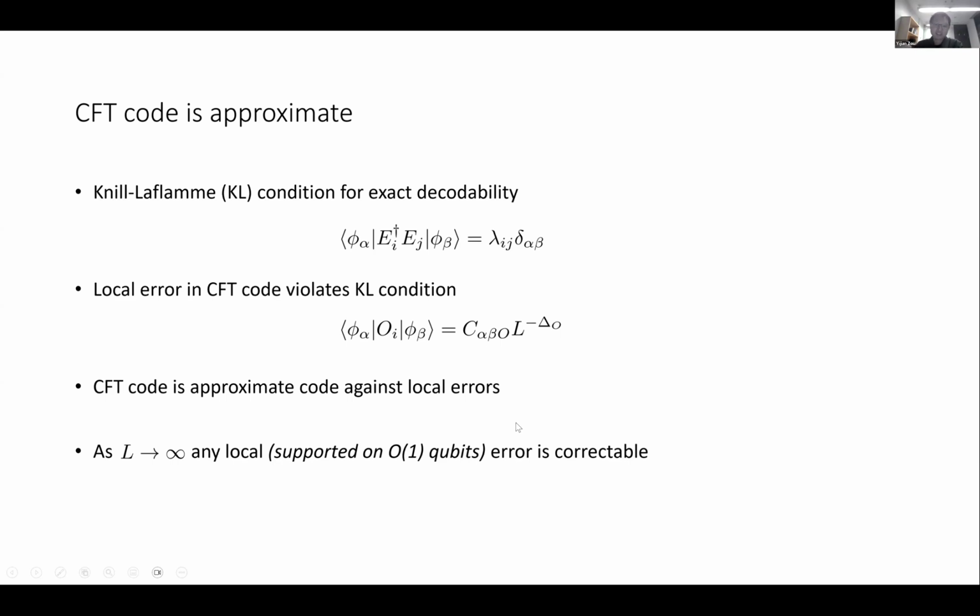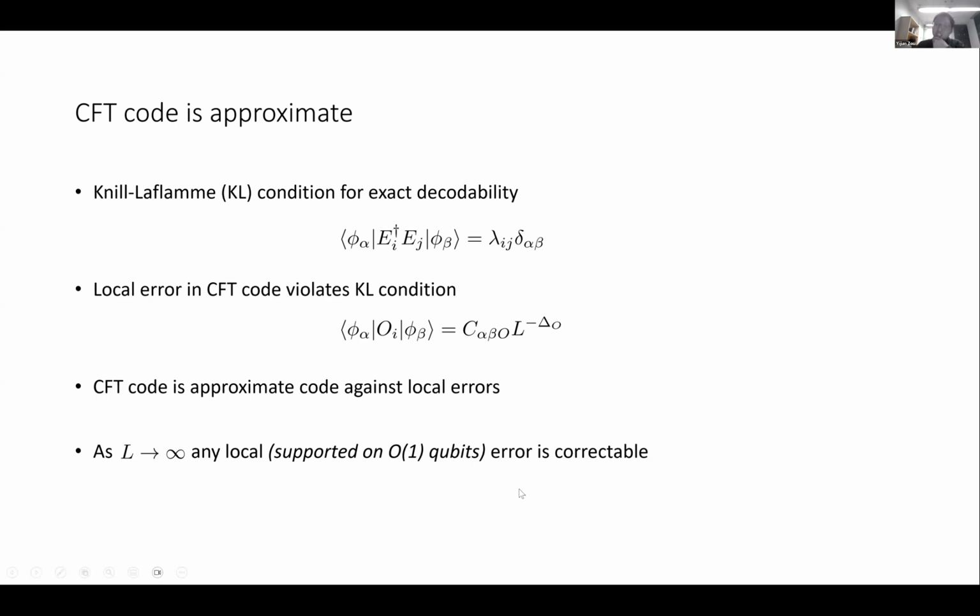The conclusion is that as L goes to infinity, any local errors can be corrected. If you make L larger, then the error is more correctable. If you make L smaller, the errors are less correctable. But any error supported on O(1) qubits can be corrected when you take L to infinity first.